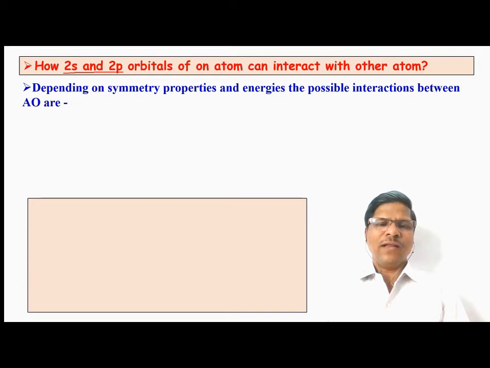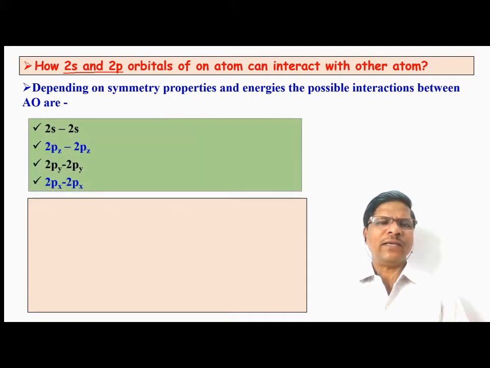First, they have different energies: 2s has lower energy than 2p, and 2s and 2p atomic orbitals have different shapes. Even in the 2p we have 2px, 2py and 2pz, and these three p-type atomic orbitals have different symmetry properties and different orientations, and hence this gives rise to different types of interaction.